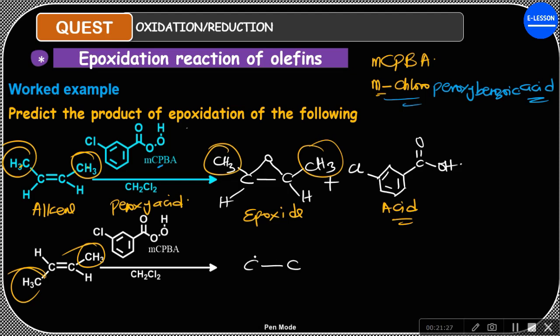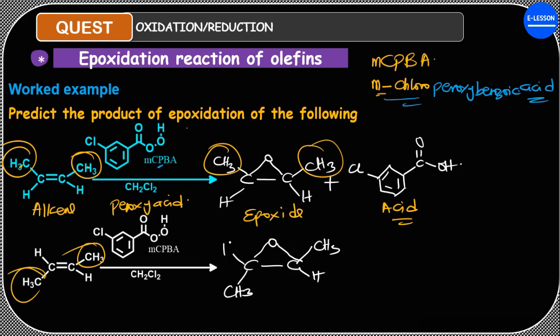Of course, we have double bond oxygen, right? And then we have CH3, we have hydrogen, we have CH3, and then we have hydrogen, right? So this is the trans form of it. So it must always retain the trans configuration if the initial alkene was trans, and the cis configuration if the initial alkene was cis.